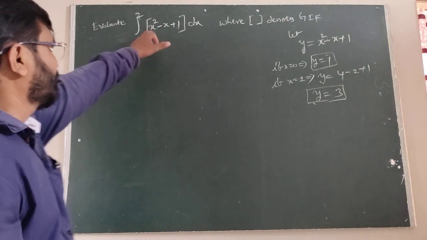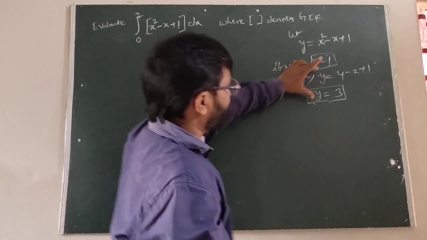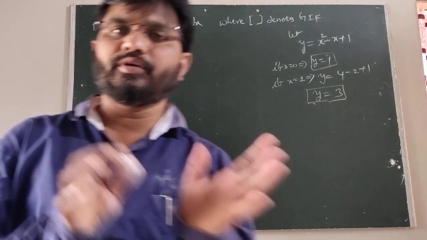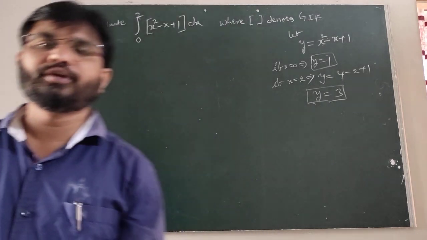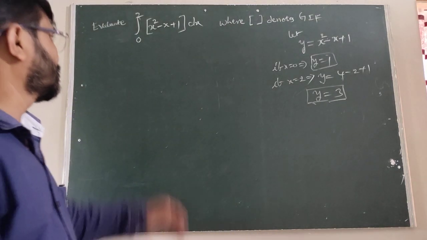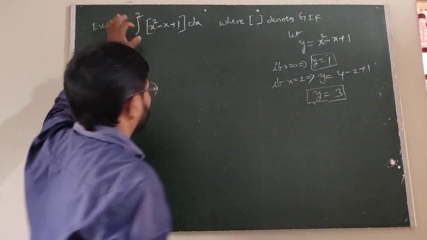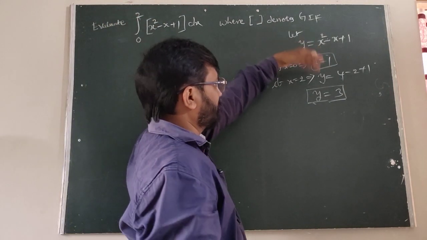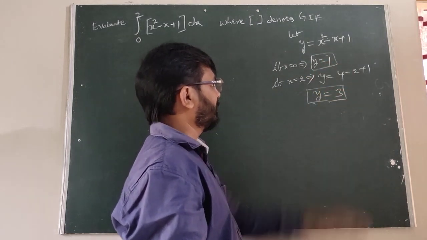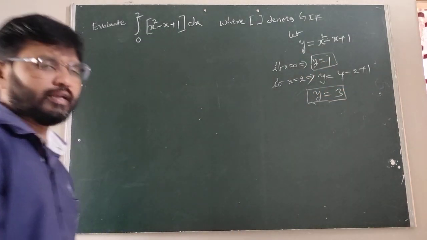In between there is a step, but the gap between them is 2. Where the step function is there, we can verify each and every value of the image. Suppose you are taking 0 to 1 and 1 to some value, and here the values 1 and 3, how to find the remaining value?